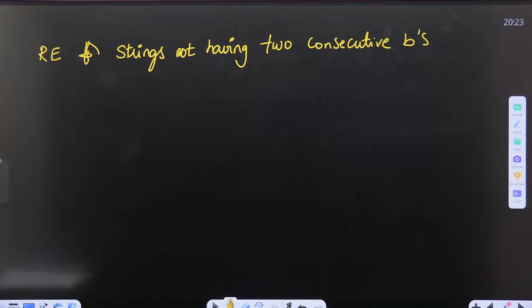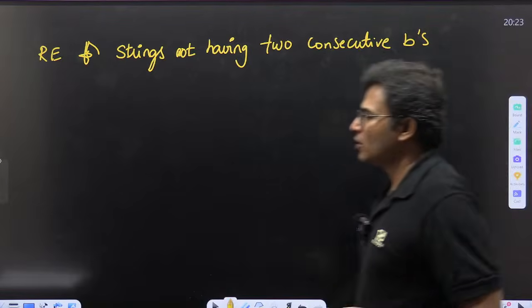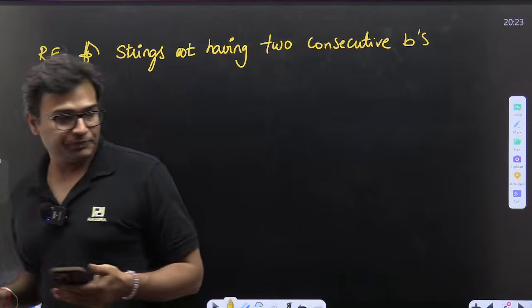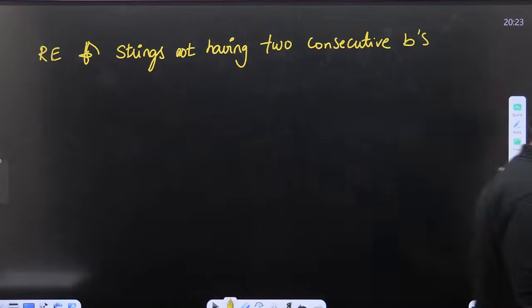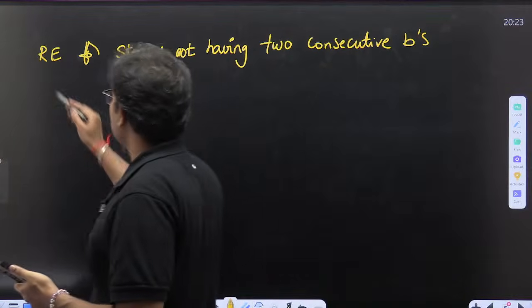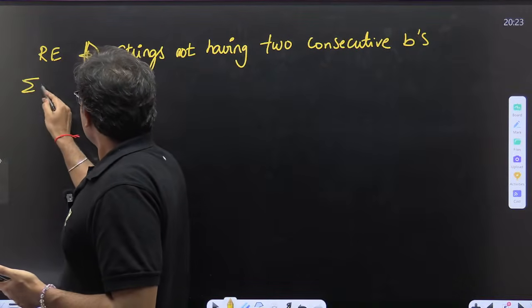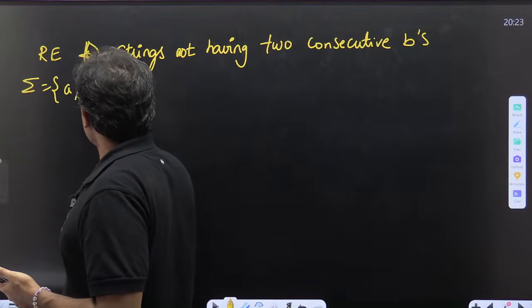Give me all possible answers, I will analyze. Okay. The alphabet is sigma equal to {A, B}, right?